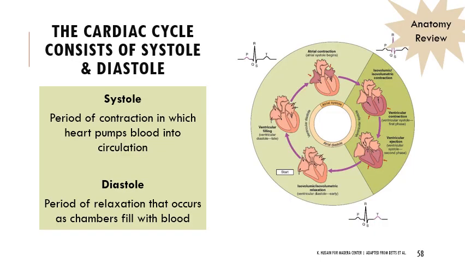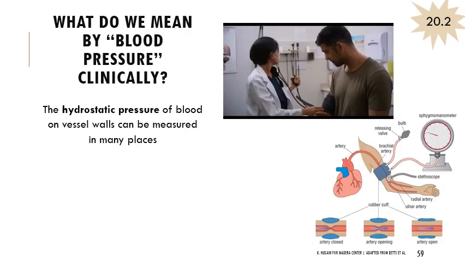All right, so remember again, in this cardiac cycle, we have systole and diastole. So you might have heard of those terms more consistently in conversations about blood pressure. So not necessarily thinking about what's happening in the heart, but maybe thinking about blood vessels. When we're thinking about blood pressure, what this is referring to is hydrostatic pressure in blood vessels.